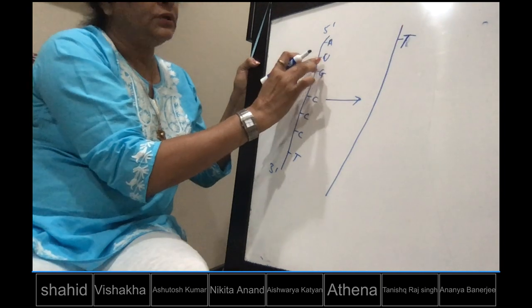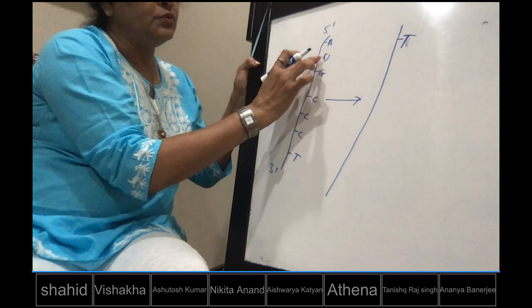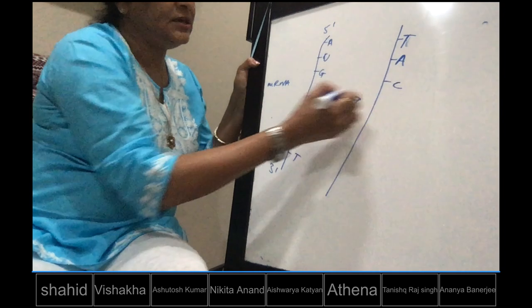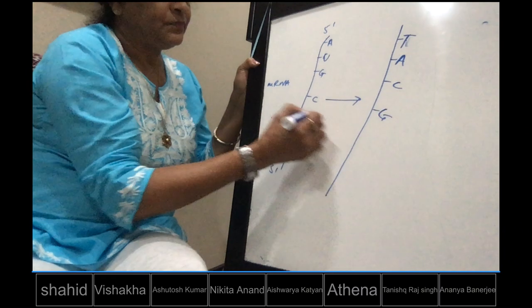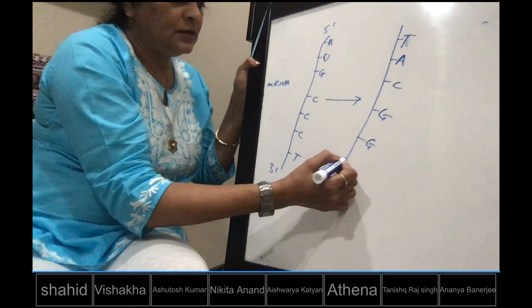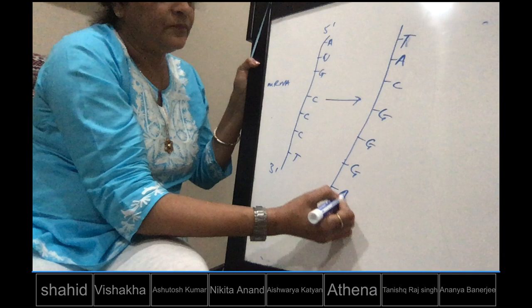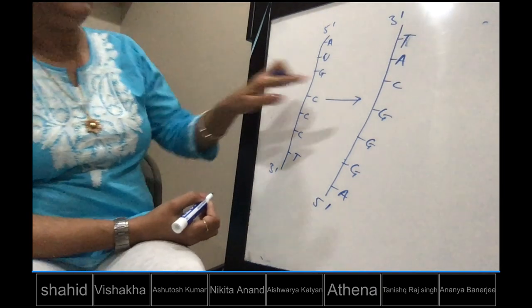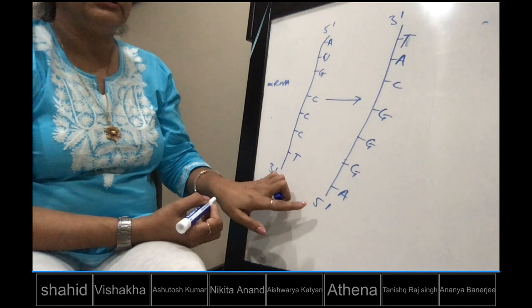U, ये uracil है. So U will pair with A, G will pair with C, C will pair with G, G, G, A. ये 3 dash 5 dash, ये DNA का 3 dash 5 dash.